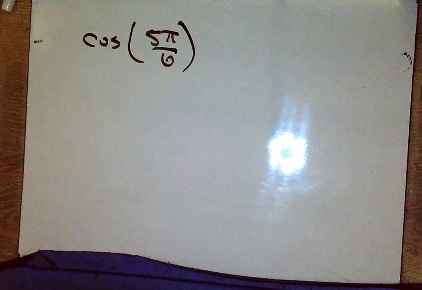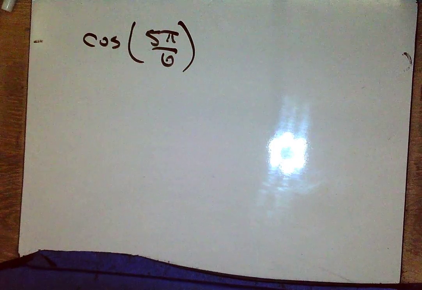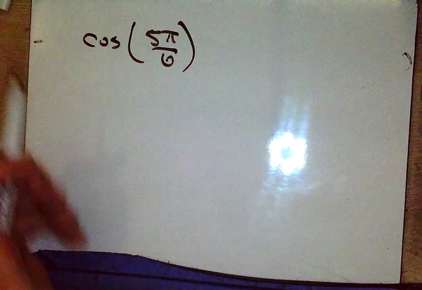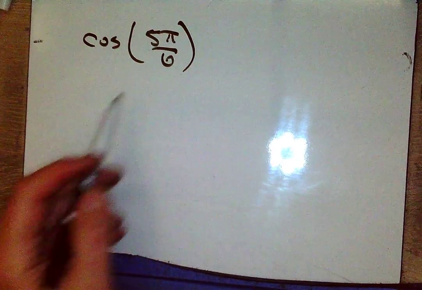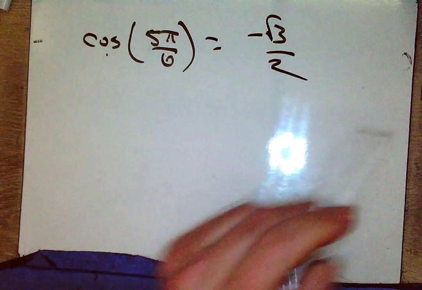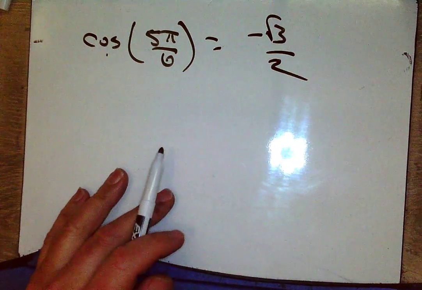5, 4, 3, 2, 1. Okay, cosine is the x value of pi over 6. The x value is root 3 over 2.